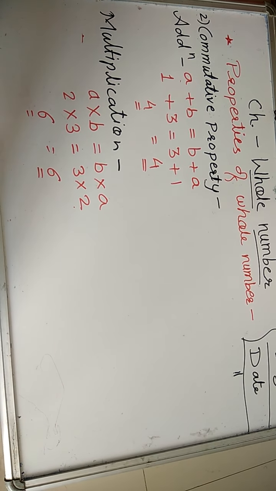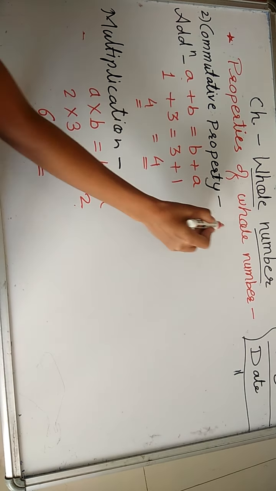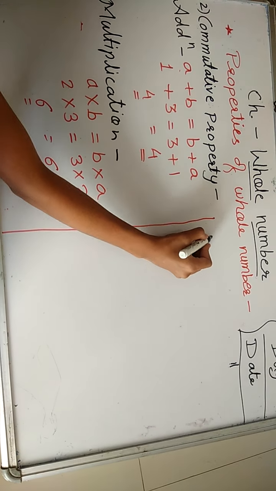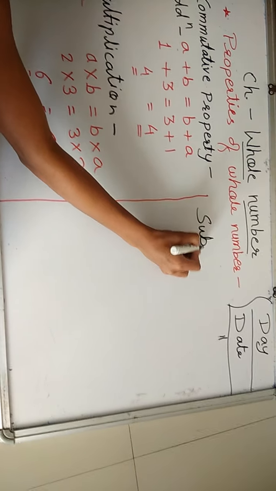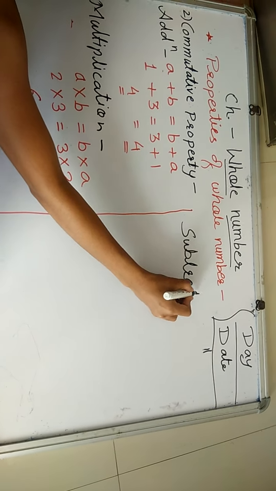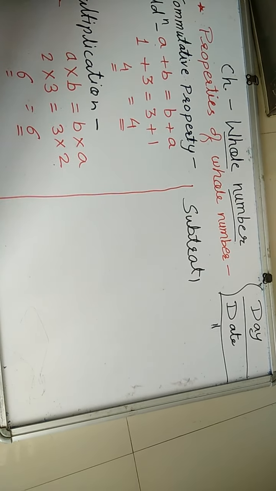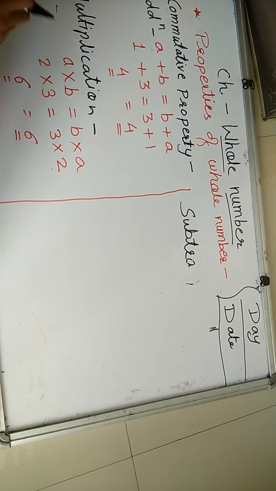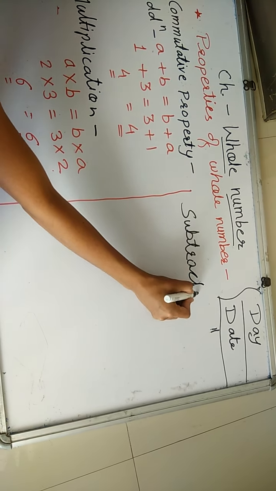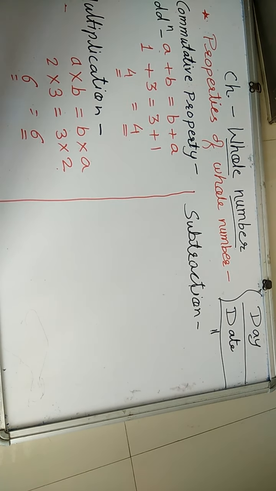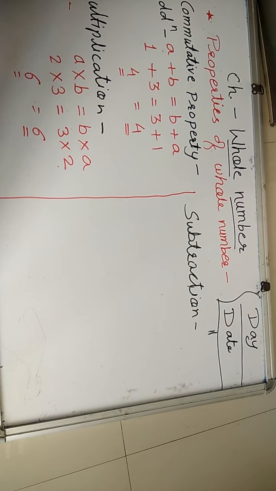This commutative property does not work for subtraction and division. How? I will explain it. Subtraction.